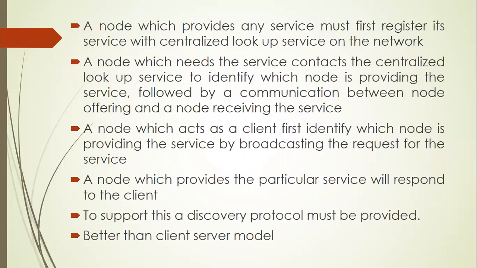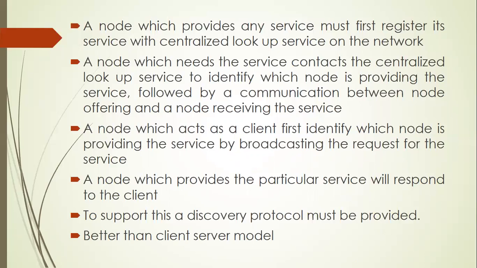Here, all nodes are considered as peers only. Suppose one node is ready to provide some service. What it has to do is register, indicating that it is providing this service. So first the node has to register in the centralized lookup service. Once it is registered, then it is permitted to provide that service.